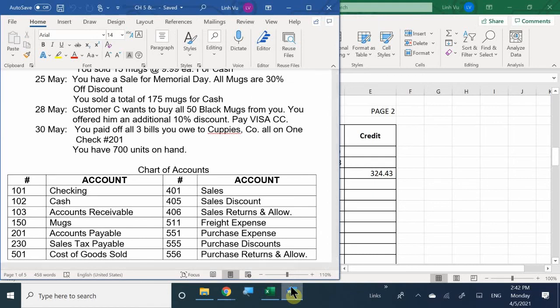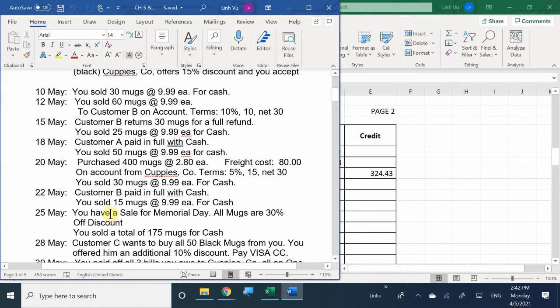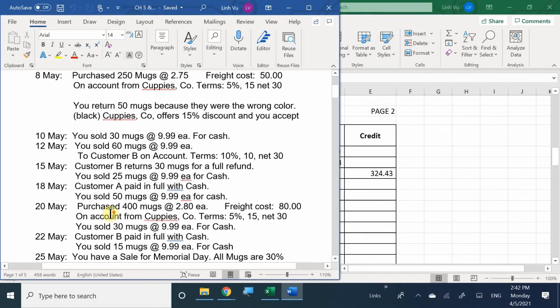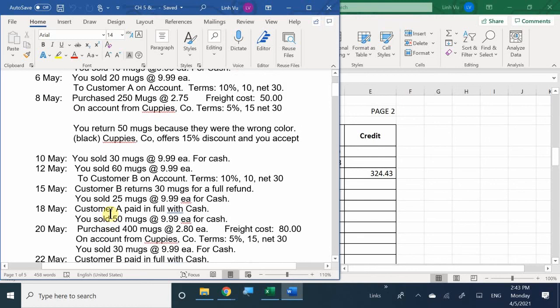So let's see what has happened next. Okay, so what happened on May 15? Oh, wait, we already did that one. No, we got one more transaction right here. What happened on that same day?